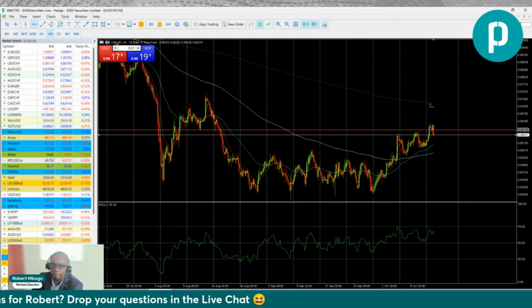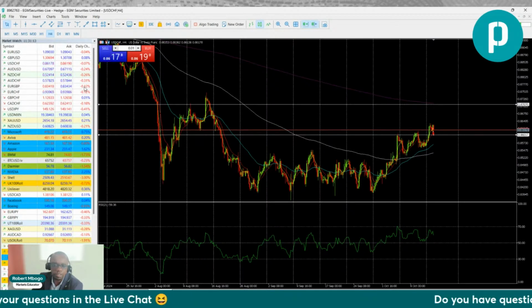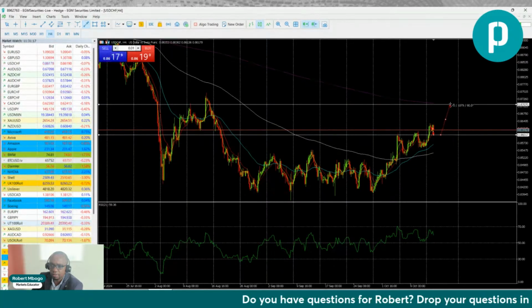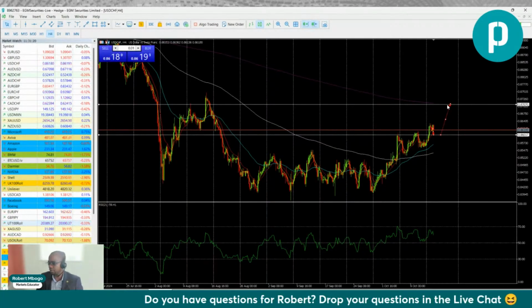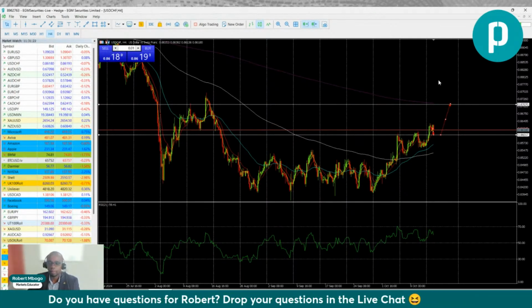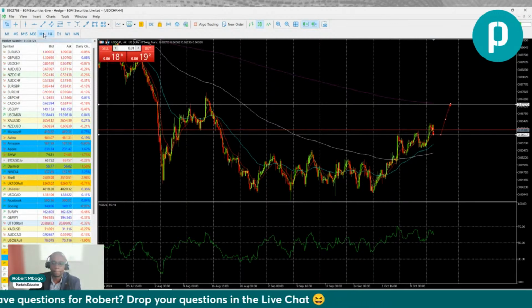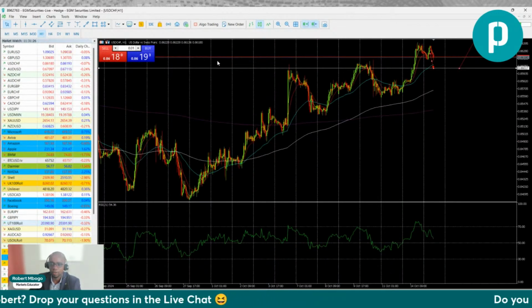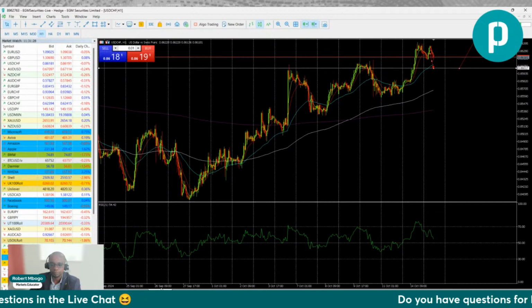This is the area I'm mapping out. That 800 moving average as a possible area of resistance. So in that 107 pips, a bearish push and then a bullish push.